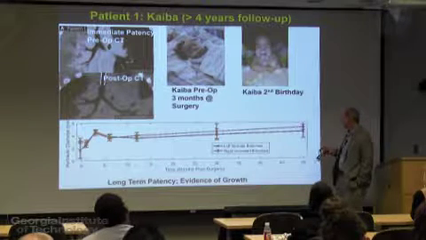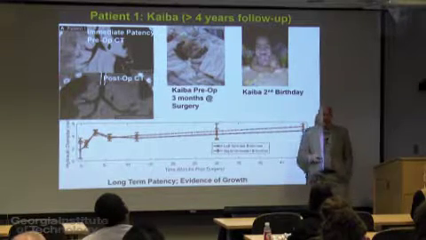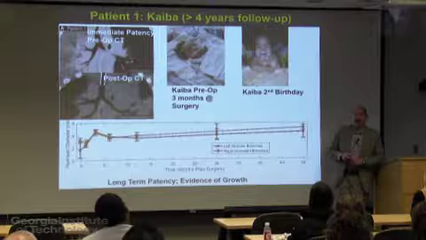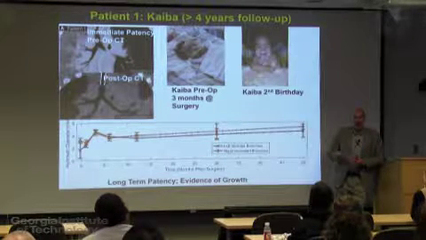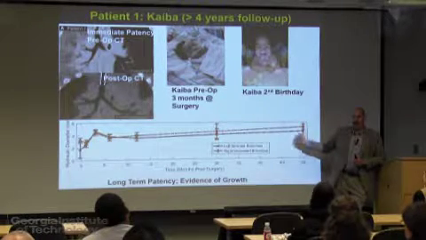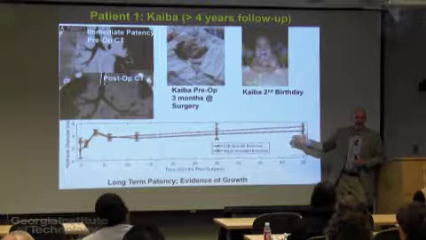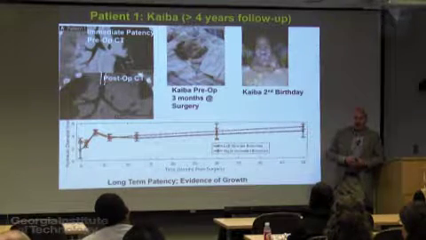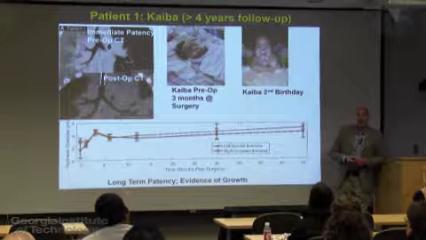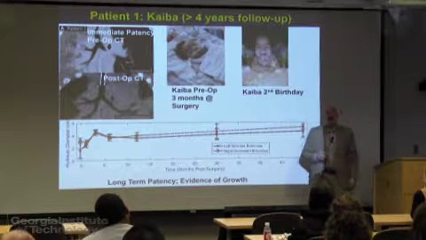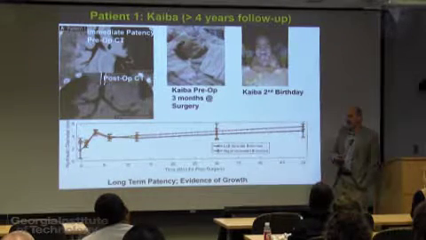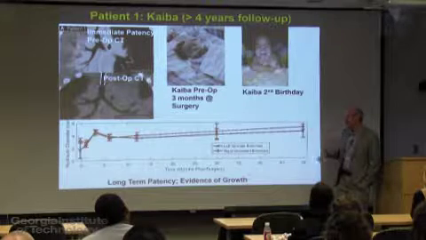And you can see that the treated bronchus basically grows at the same rate as the untreated bronchus. So based on both our large animal data and our patient data in 3 patients, Kaiba, the first patient, is now 5 years post-surgery, and he's doing well.